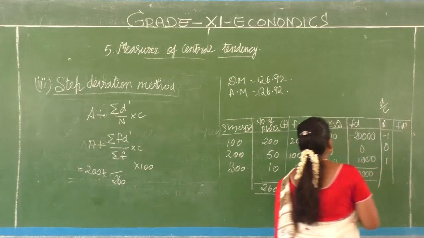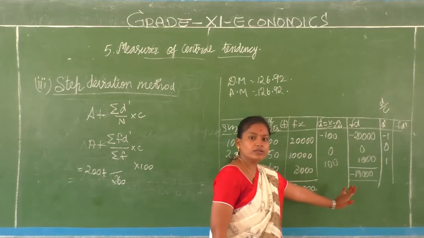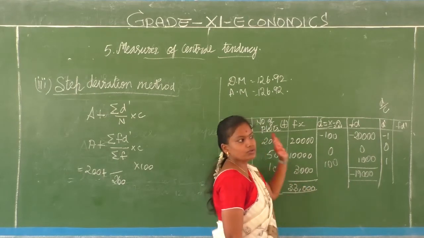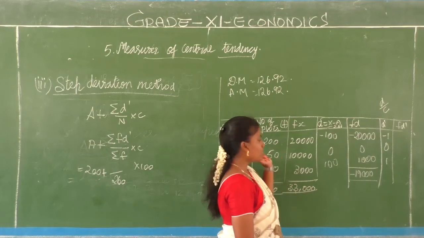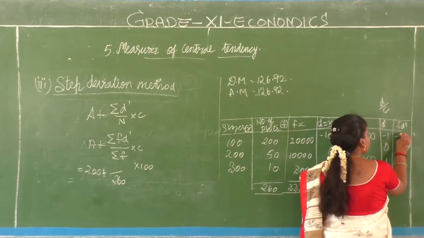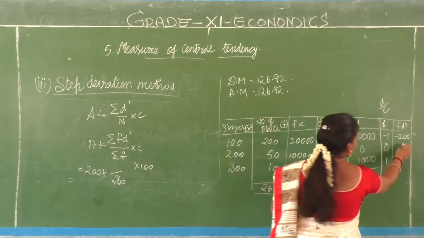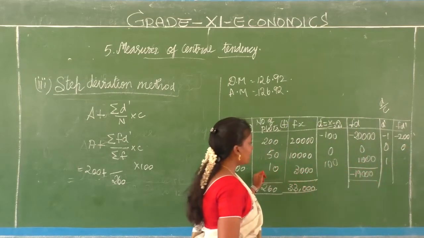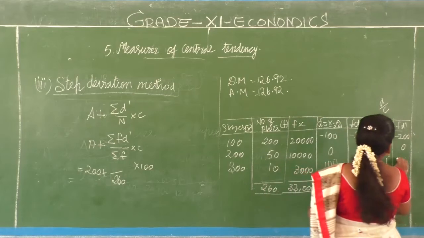F d dash. 200. Children, you have a lot of values here. Don't get confused. You need to multiply it with the f only. The frequency, not with anything else. So 200 into minus 1 is going to give you minus 200. 50 into 0 is going to give you 0. 10 into 100 is going to give you what? 1000.